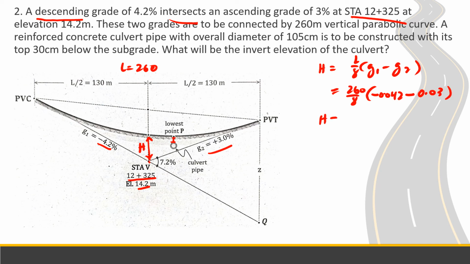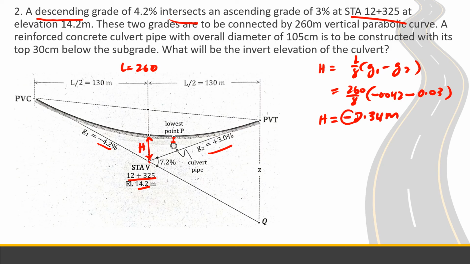This will give us negative 2.34 meters. The negative here indicates that the H is below, a descending or sag curve.